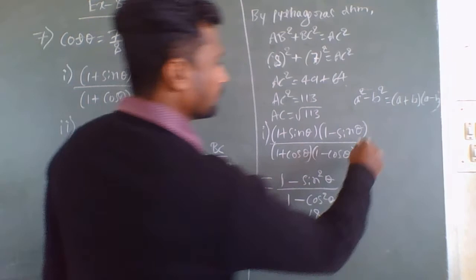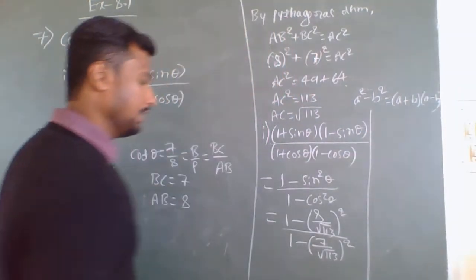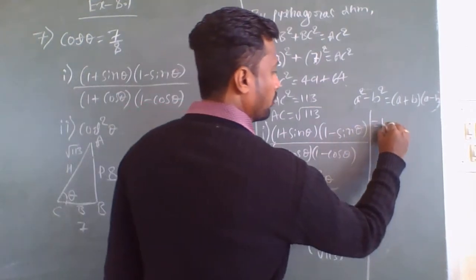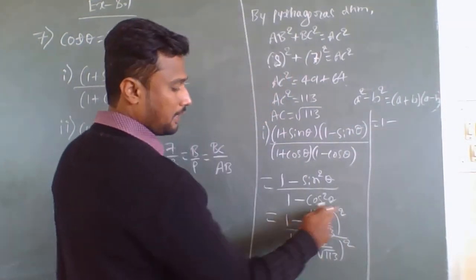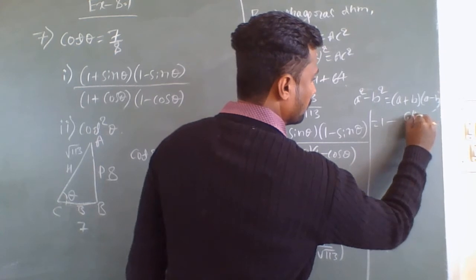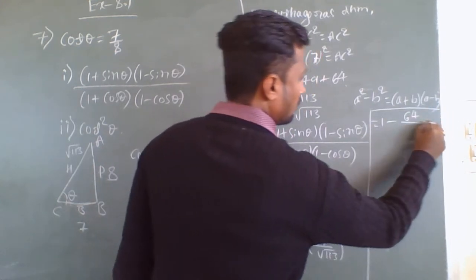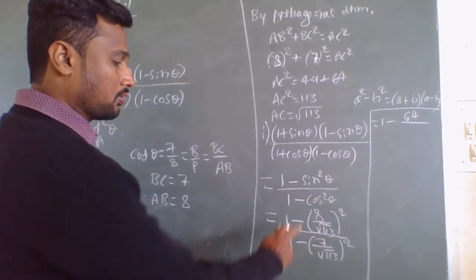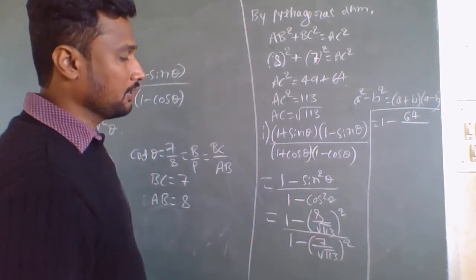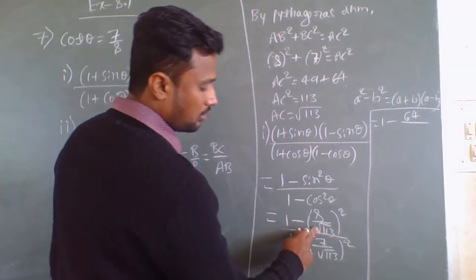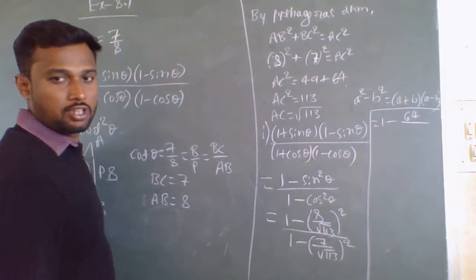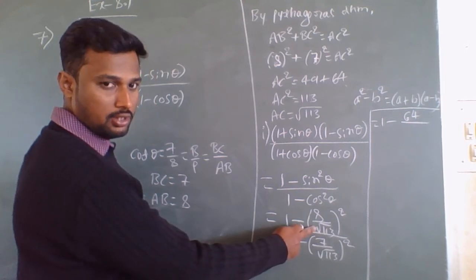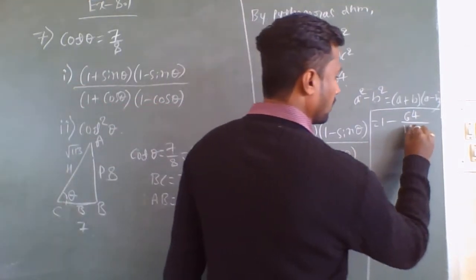So now here I will write, next step: 8 square means what you will get? 64. 8 by square root of 113 whole square means square of 8 is 64, and square root of 113 whole square means square root of 113 into square root of 113, so you will get 113.